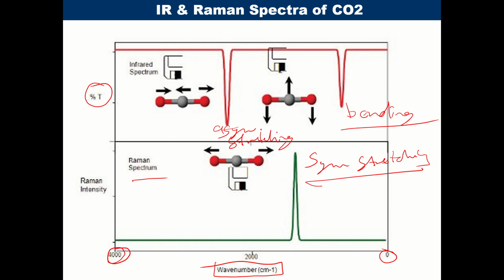So this is how the spectrum will look like when you compare the IR and Raman spectrum for CO2. So you get two peaks in case of infrared spectrum. So that is one corresponding to bending and asymmetric, both are infrared active, and only one mode is active in case of Raman, that is the symmetric stretching mode.